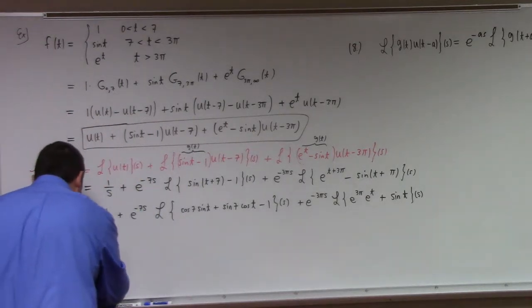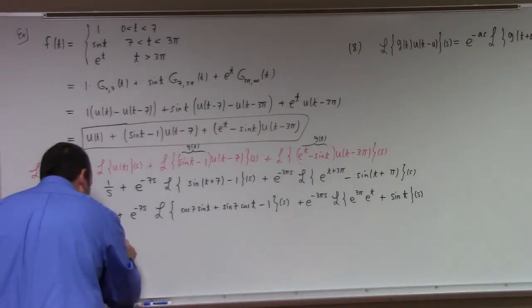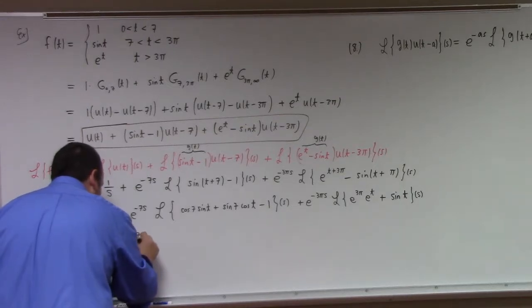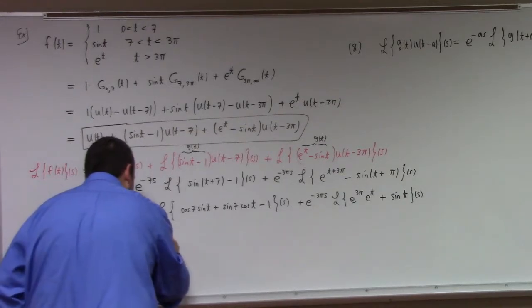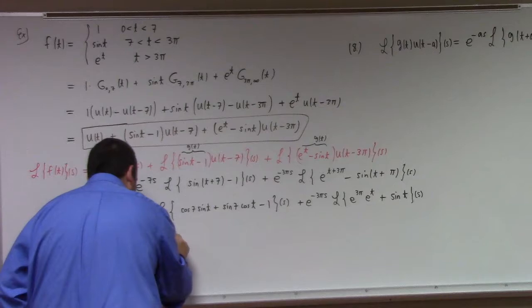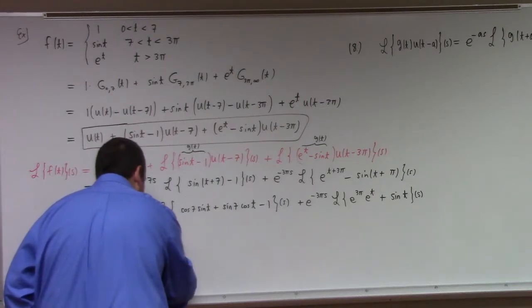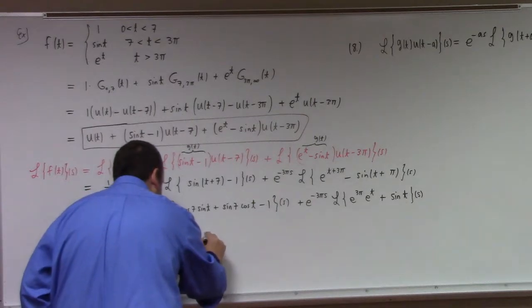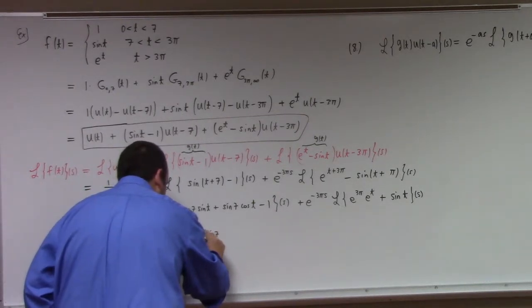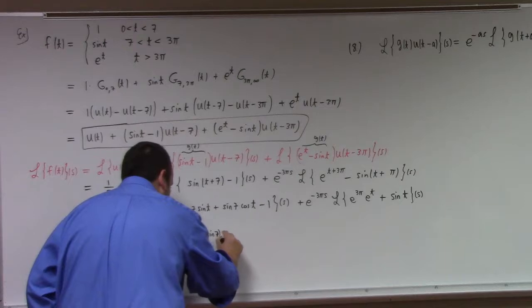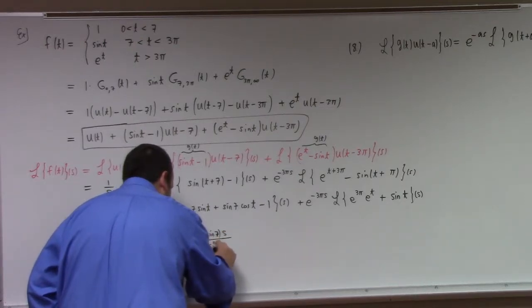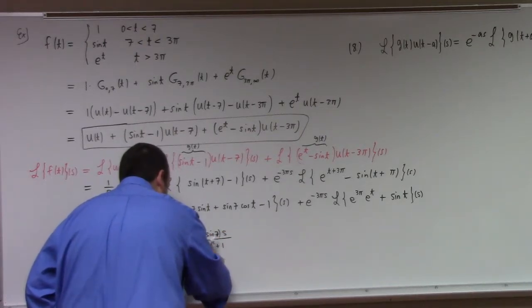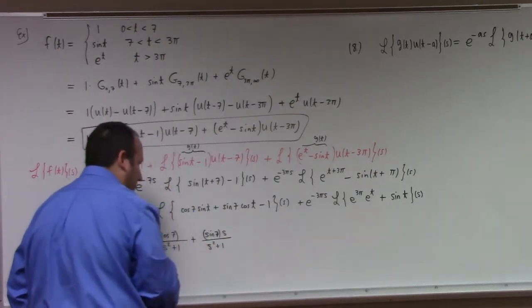Here it is. 1 over s plus e to the minus 7s, and then parentheses, I've got a cosine of 7 divided by s squared plus 1 plus the sine of 7 times s divided by s squared plus 1. That's the cosine term, because the Laplace transform of cosine is s over s squared plus 1.